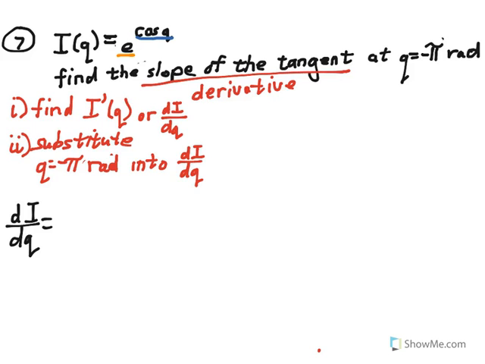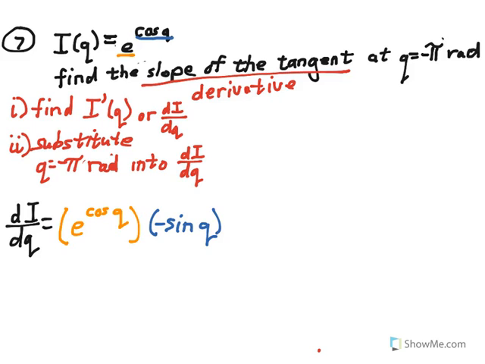Similarly, the derivative of e to the cosine q is e to the cosine q. So part one of this is going to be e to the cosine q. That's the derivative of the outer function, leaving the inner function alone. And now we're going to take the derivative of the inner function. The derivative of cosine q is negative sine of q.